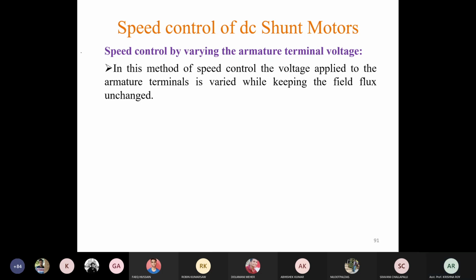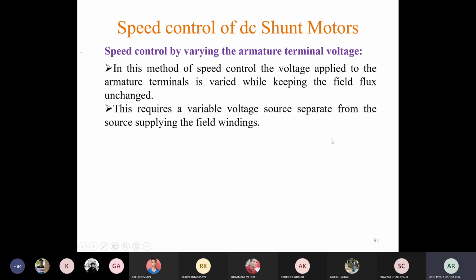That is one question. So in that case, we will require a separate voltage source for supplying the field winding, which will remain fixed, and it will keep the field flux constant.